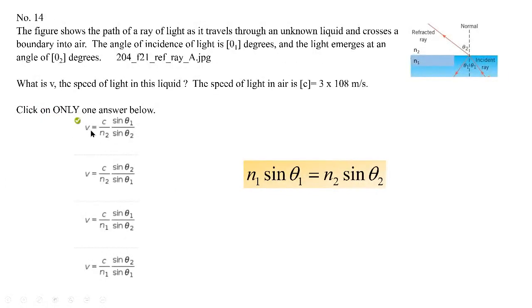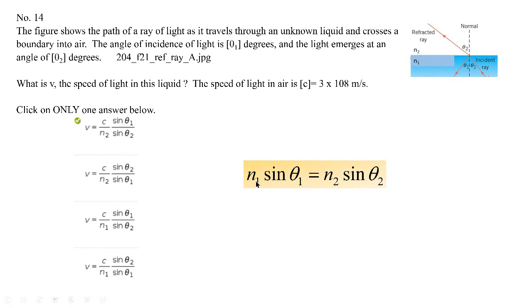Well, you see what this is. Velocity in 1, because that's what they want to know. What's the velocity in this medium? Velocity in 1 is c over n1. And so what you need is to bring n1 over here and n2 over there, and then this formula becomes this one.